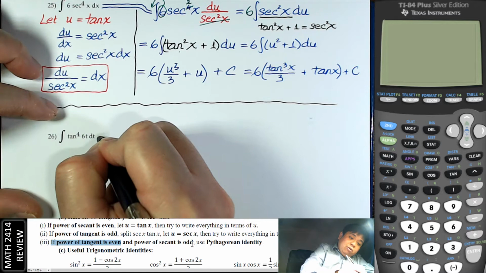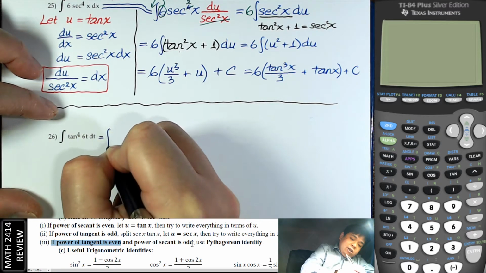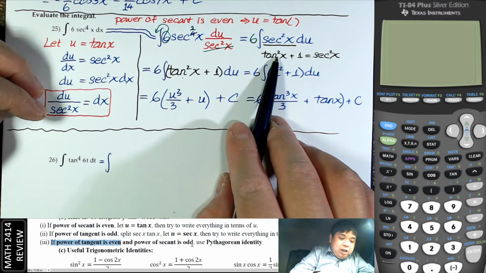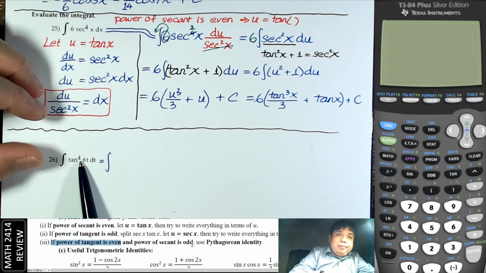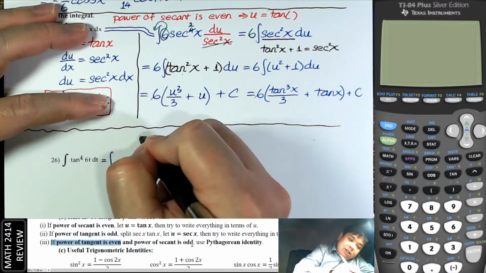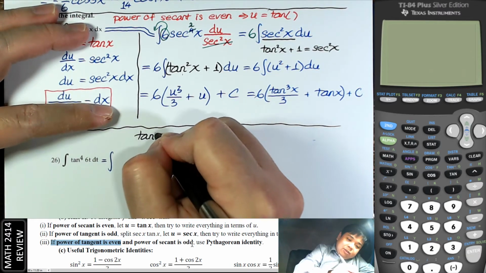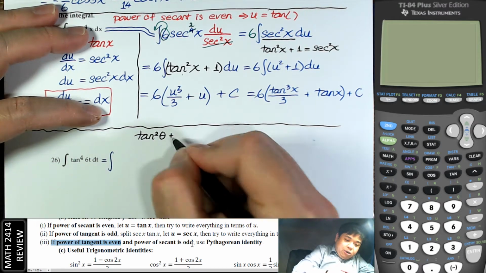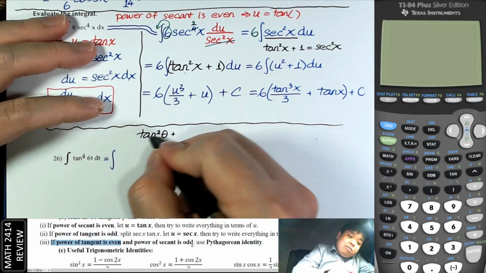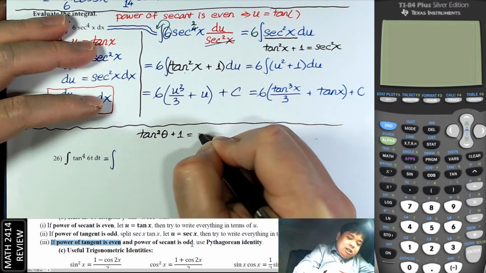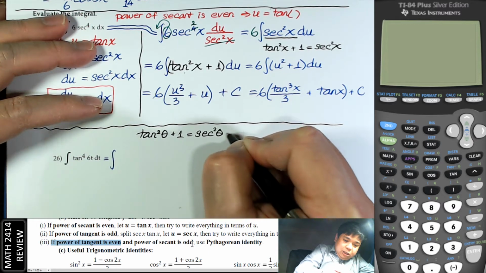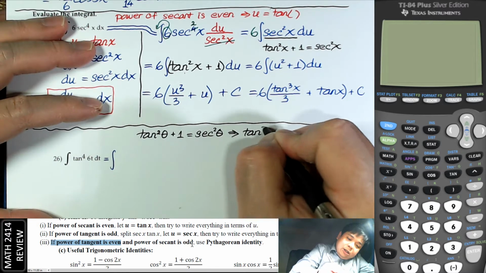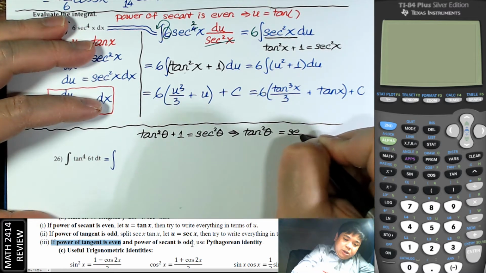Pythagorean identity. So first, this is the Pythagorean identity. Tangent square plus 1 is secant square. So tangent square is equal to secant square minus 1. I'm just going to say theta because the angle is not x or t, it's 6t.